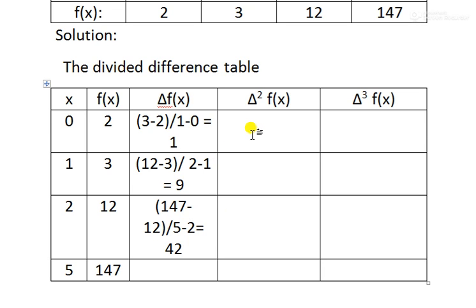So here 9 minus 1 divided by 2 minus 0, that is equal to 4.